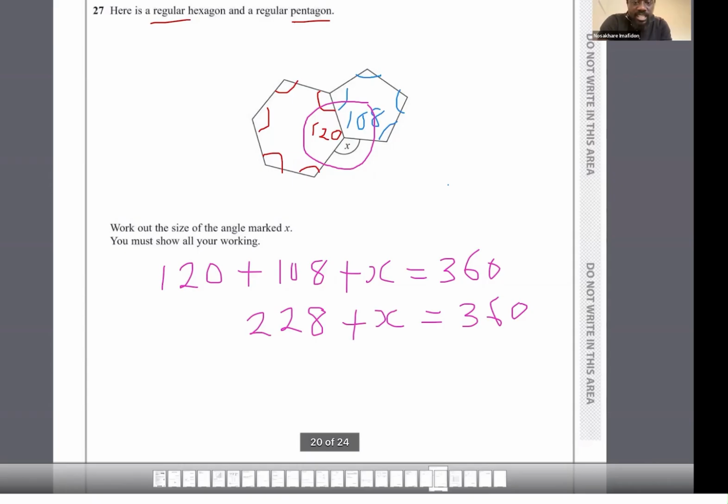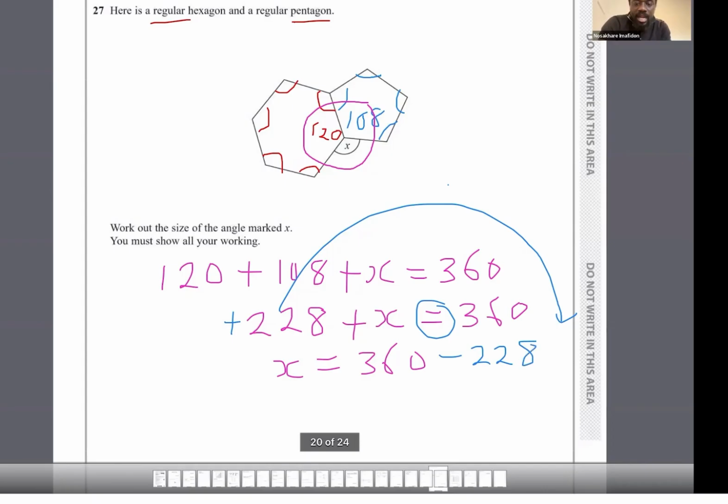X is 360, and the 228 can move over to become a minus. Why is that so? It was carrying the original plus, so when it crosses the equal sign, it should become a minus. So 360 minus 228, and we are looking at our X to be 132. So in this case, our X is 132, and that's how to solve this question.